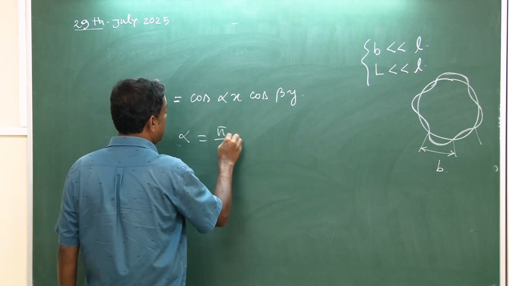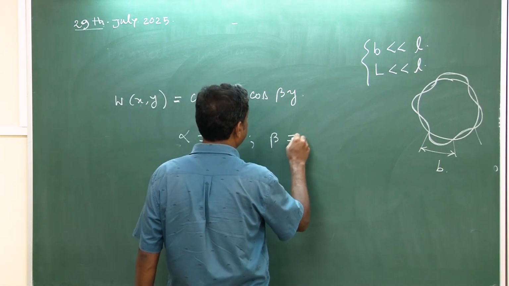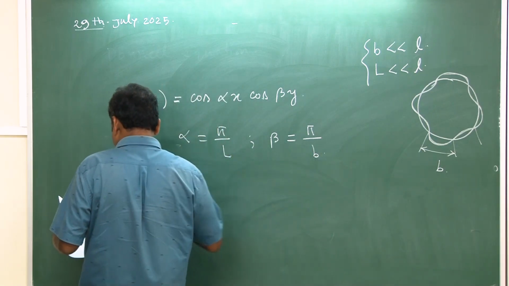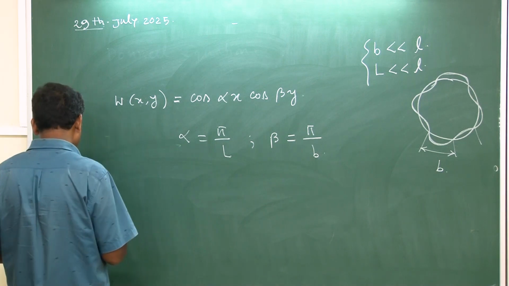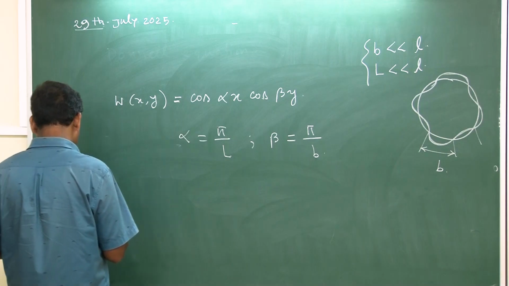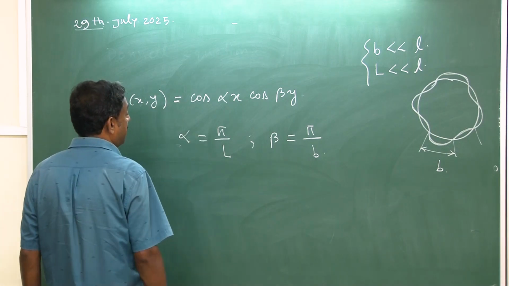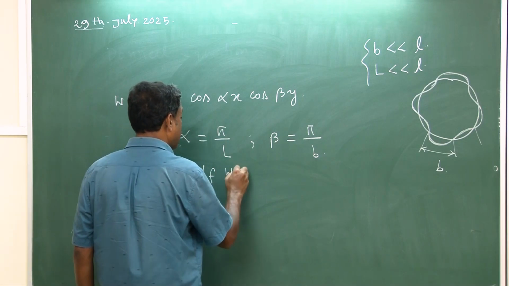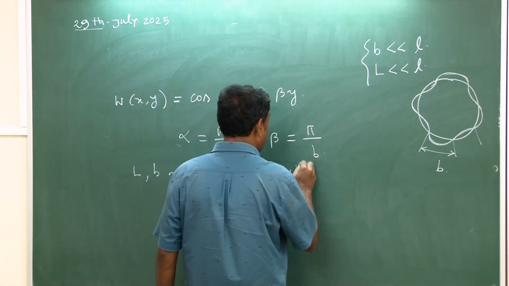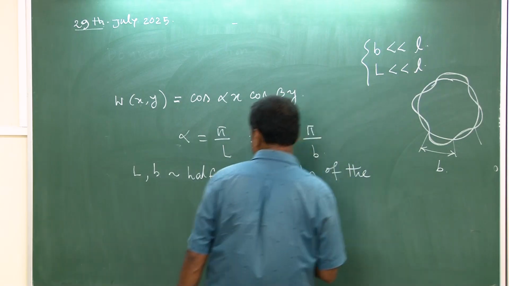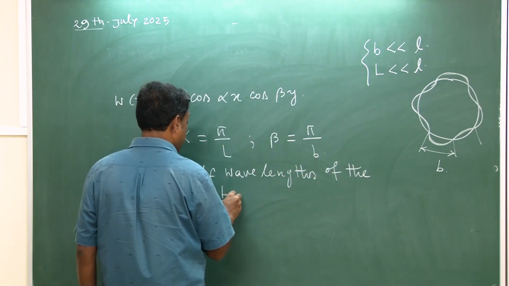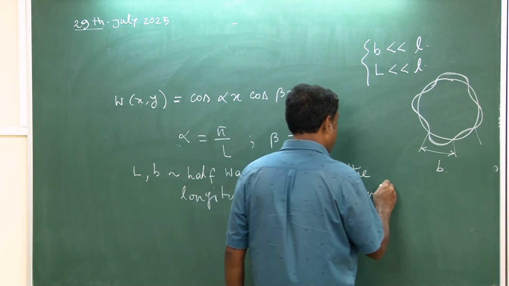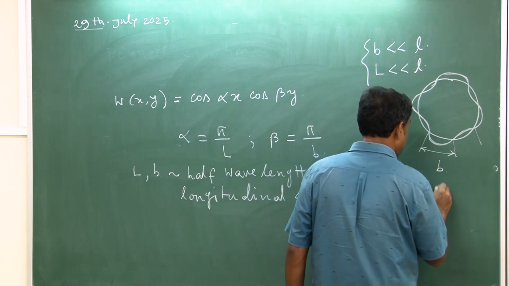Alpha is basically pi upon L and beta is basically pi upon B. L and B are the half wavelengths of the longitudinal and circumferential buckle.